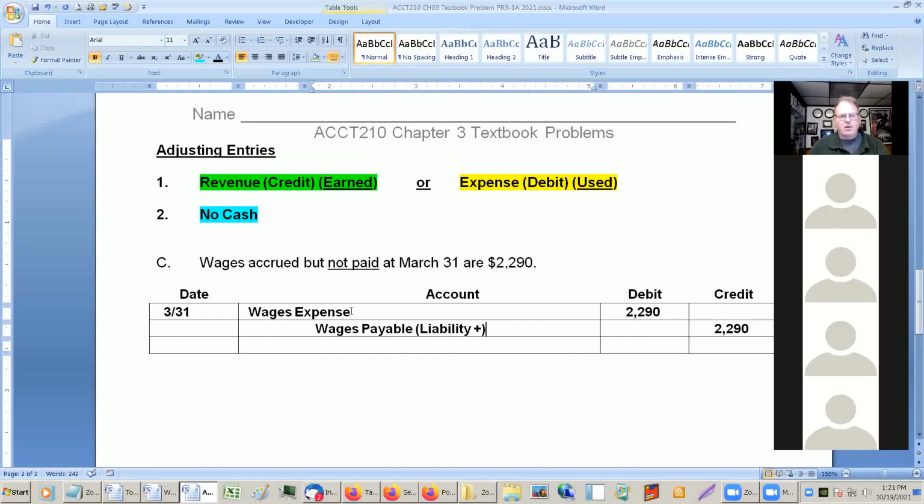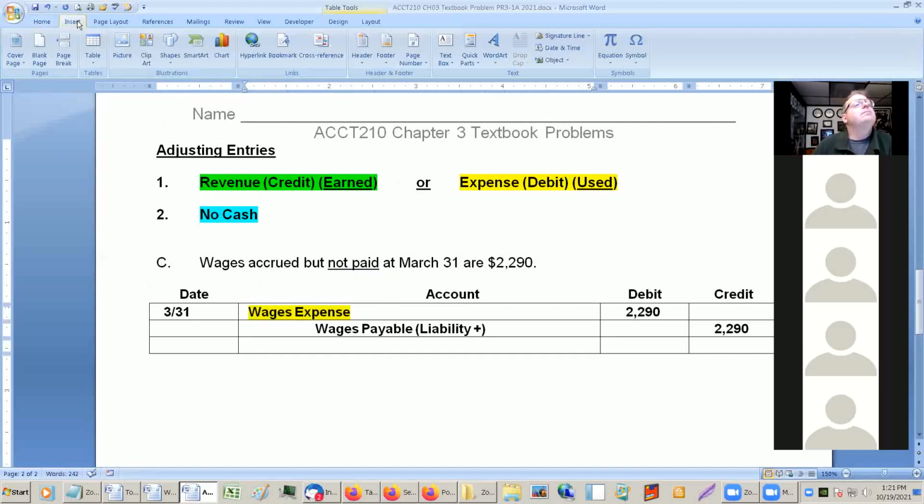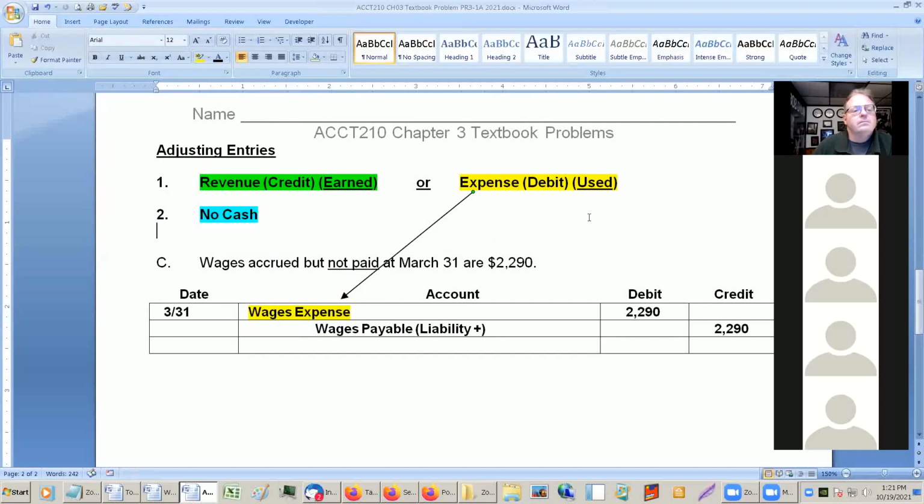And again, the nice thing about adjusting entries is there's either a revenue or an expense. In this case, it's an expense. And revenues we know are credits, expenses are debits.